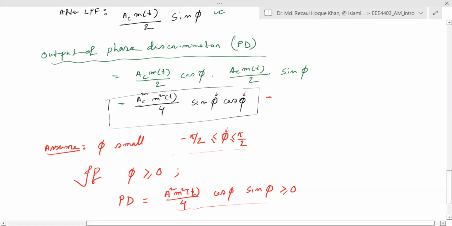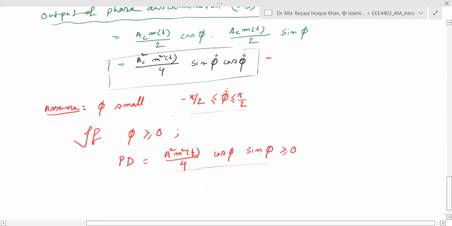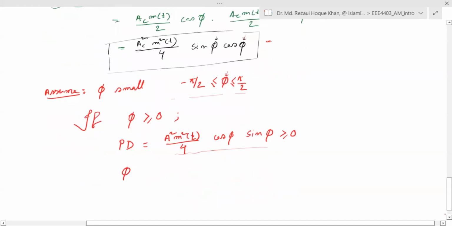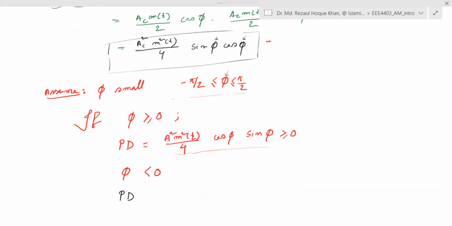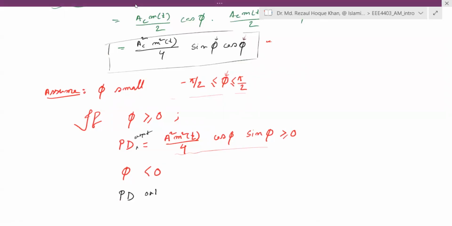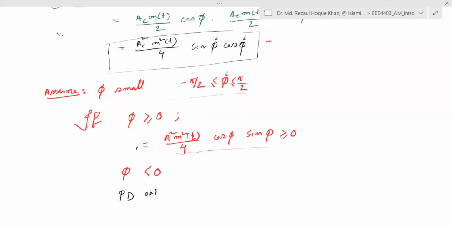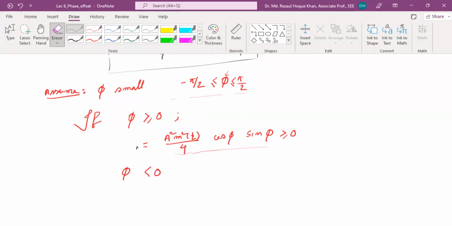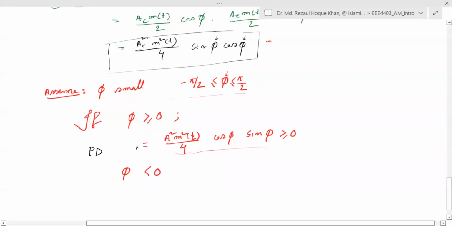Otherwise, if phi is a negative value, then what? The phase discriminator output will be what? This is the phase discriminator output.